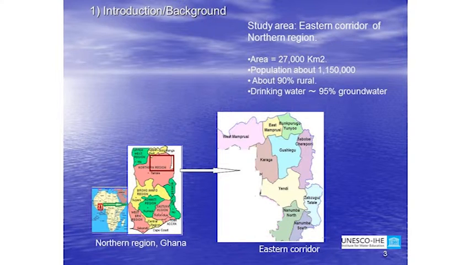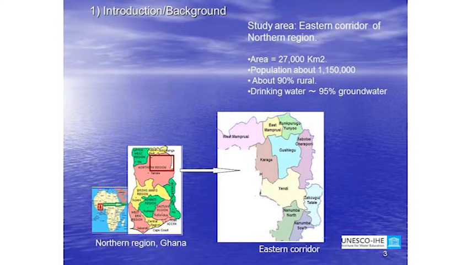Ghana is in West Africa, and the northern part of Ghana is where I work. And in that area, we have the fluoride problem in the whole region, in the whole of the northern region, but it's more prominent in the eastern part of it, and that is what I've highlighted over there.